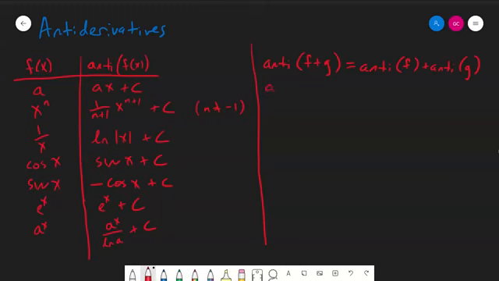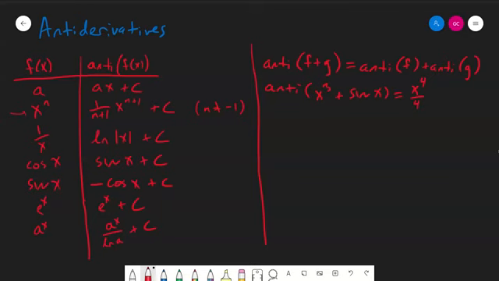So maybe let me just do an example to convince you that it works for kind of a random case here. Like, let's say you want the antiderivative of x cubed plus sine of x. And so the claim is you just do it one term at a time. So for x cubed, that's this general form x to the n. So what I do is I increase the power by 1 and then divide by that new power.